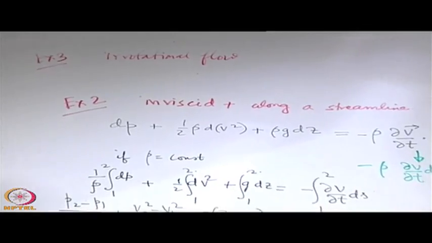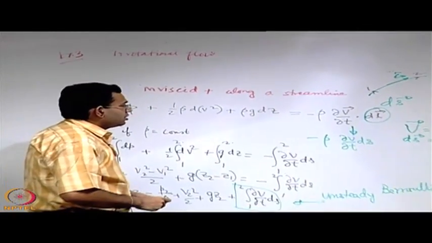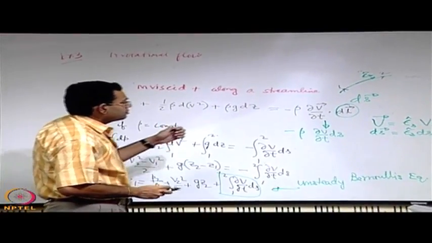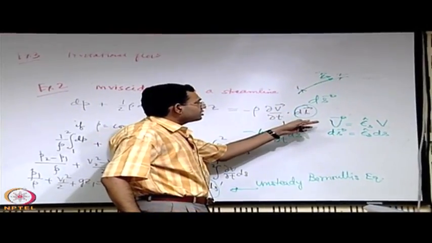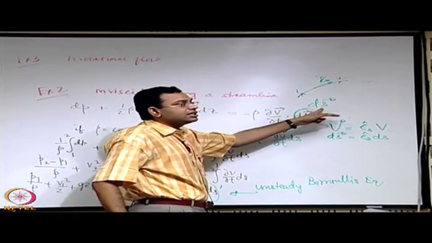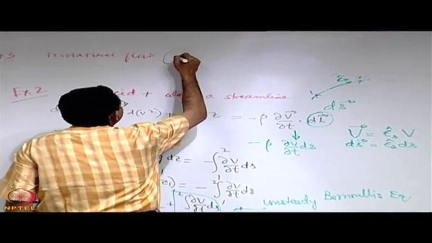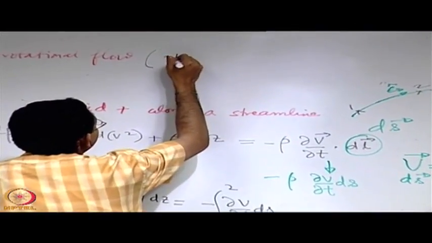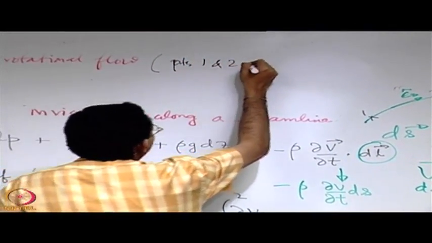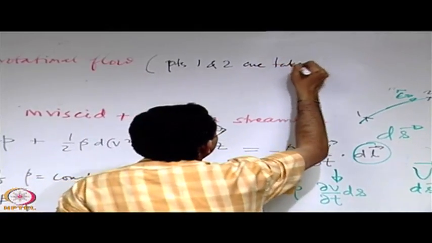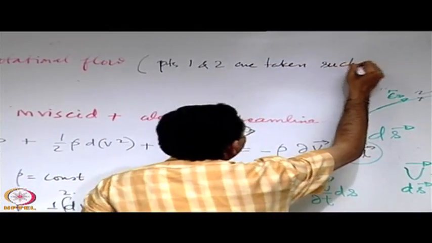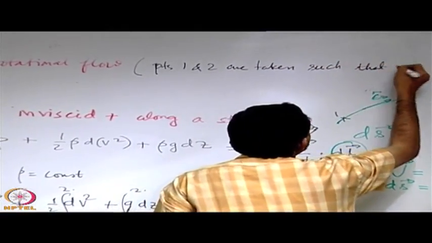When you have the irrotational flow, we are not writing dl as ds, because we are keeping in mind that points 1 and 2 are taken such that they need not be along the same streamline.